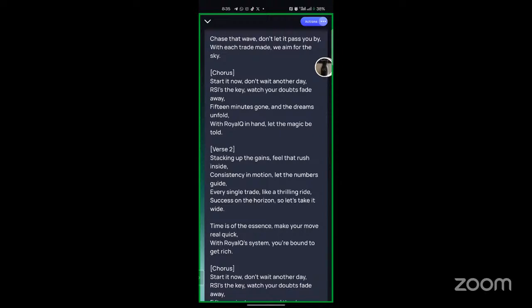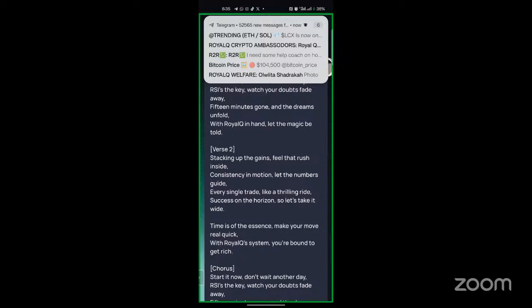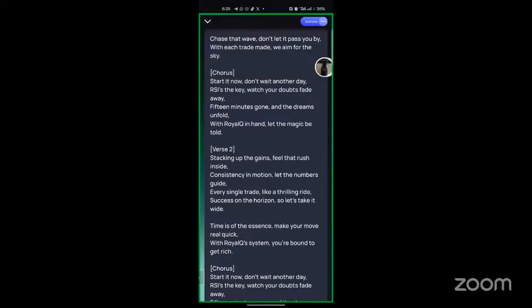In the hustle and the grind is the time to shine. With Royalq on the rise, watch the profits align. RSI on the screen, every click's a sign. 15 minutes in, now those dreams are mine. Chase that wave, don't let it pass you by. With each trade made, we aim for the sky.